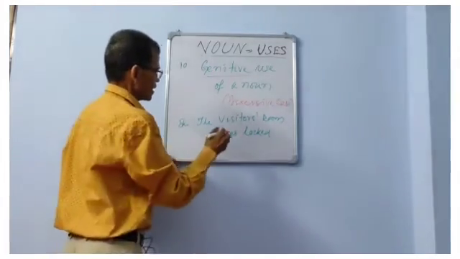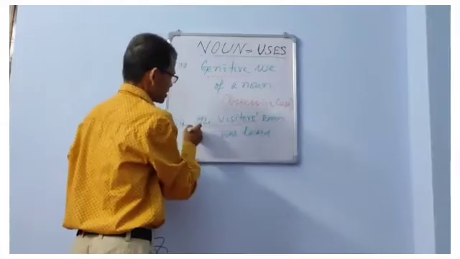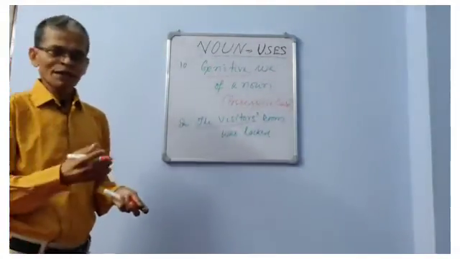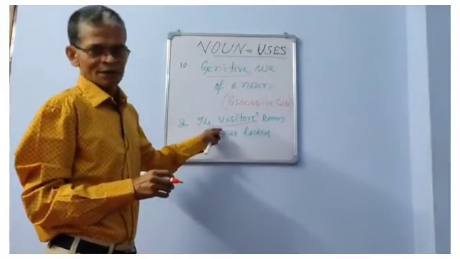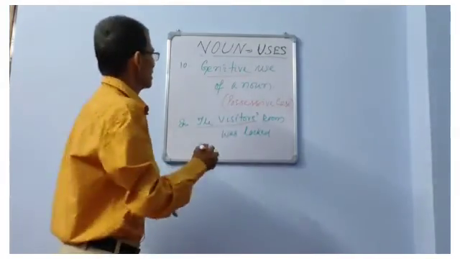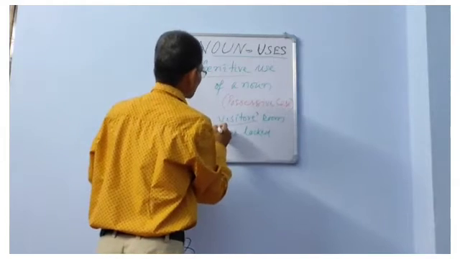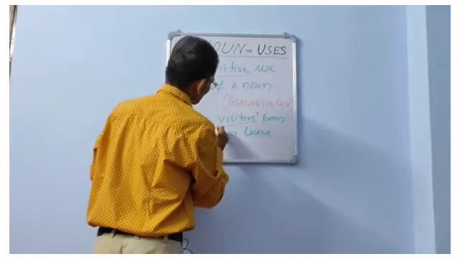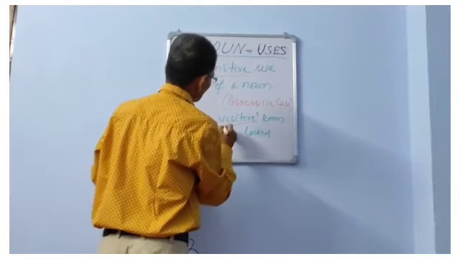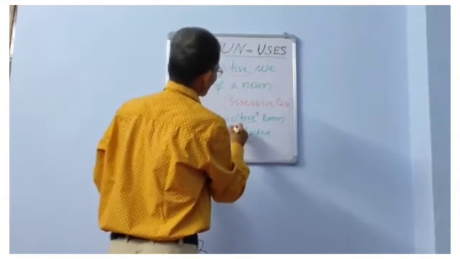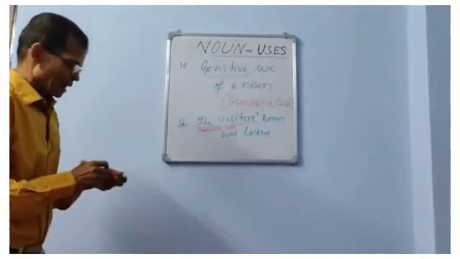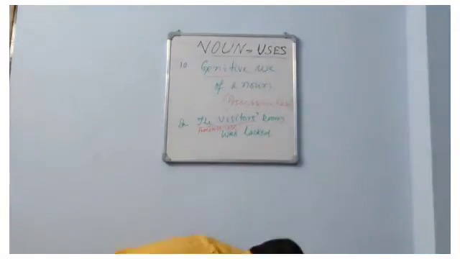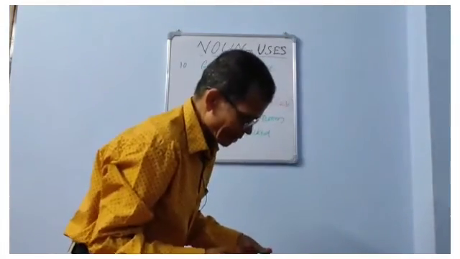Now here you see, after visitors there is the apostrophe. That means the room which belongs to the visitors. This is the genitive case or the possessive case. Okay, this is called the possessive case, or genitive case.